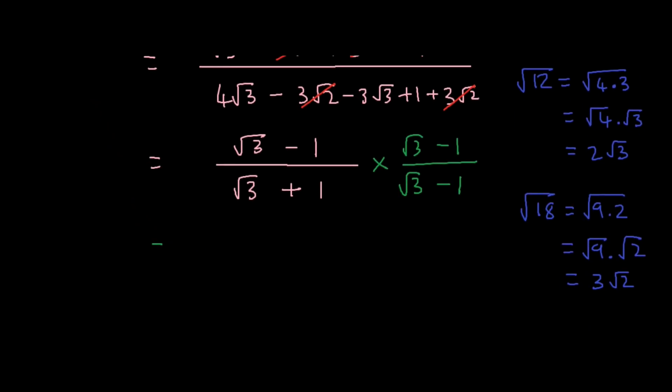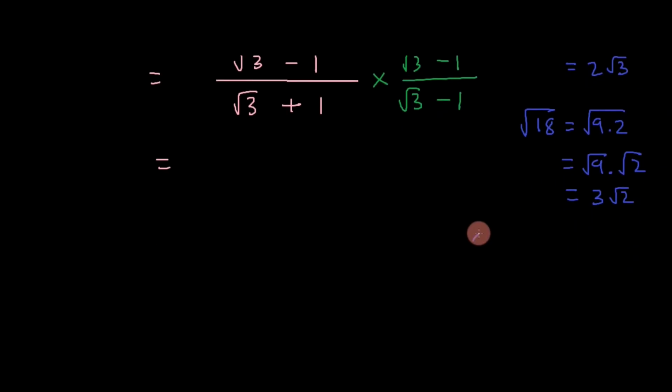So then, multiplying out, first the numerators, we have square root 3 minus 1 times square root 3 minus 1. This is a binomial squared. So we'll have square root 3 minus 1 all squared in the numerator.